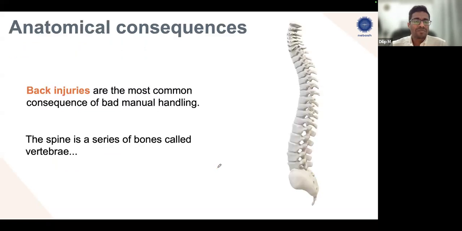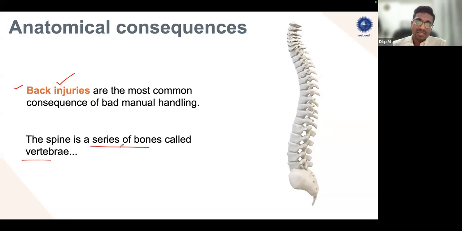Okay. So back injuries are the most common consequence of bad manual handling. Okay. So if you look at the human spine, it consists of a series of bones called vertebrae. Okay, we are not going to explain this part, but we are just going to list what injury it is.